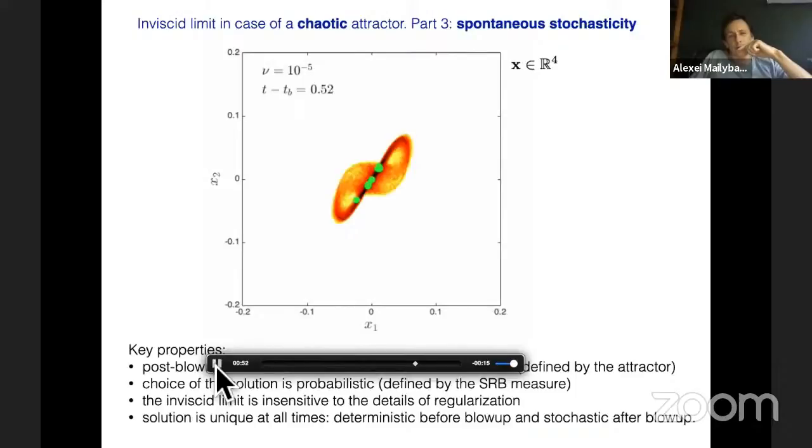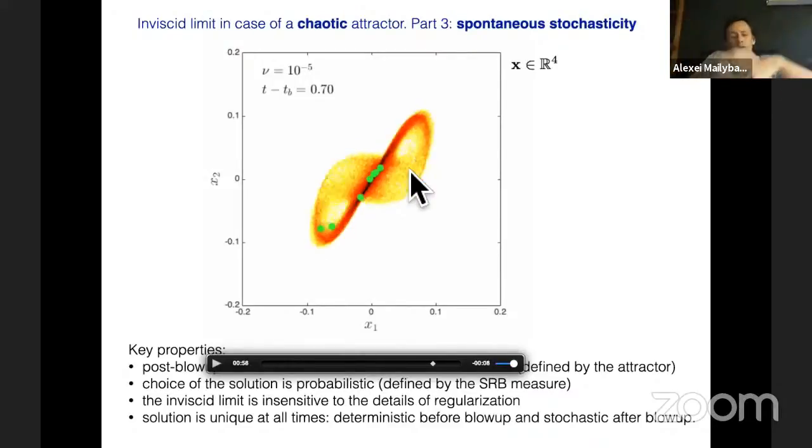And you see that if you follow any single solution, you never can predict where you are. You can be at any point on that attractor. But if you follow many solutions, you can recover the probability distribution of where you can be, and you can already guess.